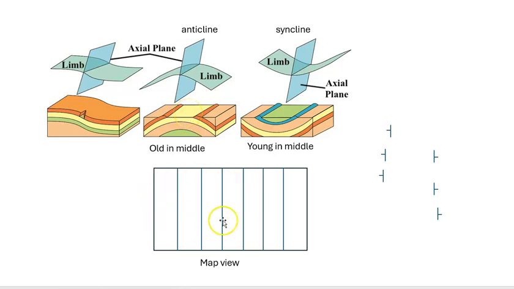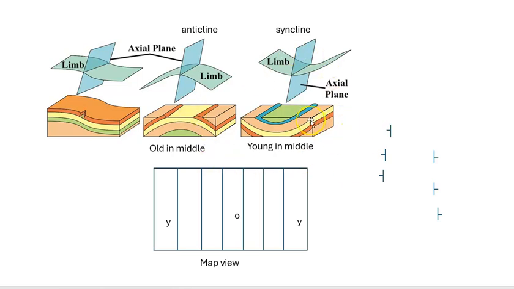So if you're given ages, if I was to tell you that this middle layer is the oldest, and these out here are the youngest, because that's information I can give to you, right? Then this would be an anticline just based on age. Old in the middle because we erode the A shape and we expose old rocks in the middle.